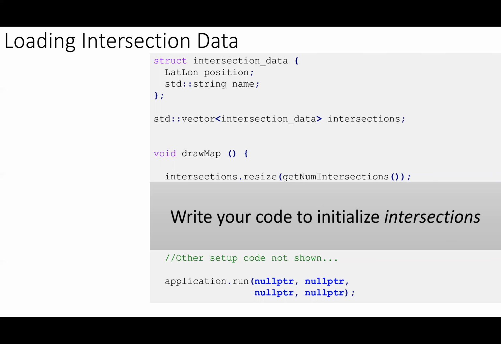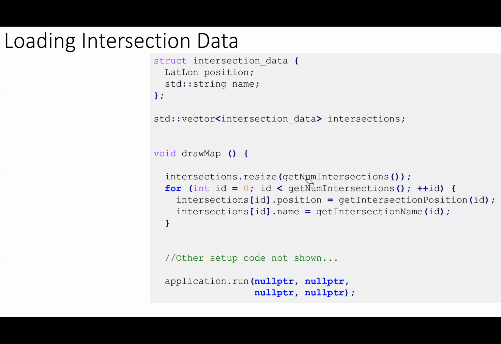So the first thing I'm going to do is make my vector have space for every single intersection. Remember, this resize makes the vector that size. So it's going to have an entry for every single intersection after I call that. And then I'm going to go through every single intersection in my city, from 0 to get num intersections, and store the position of that intersection as whatever I got by calling the streets database API.